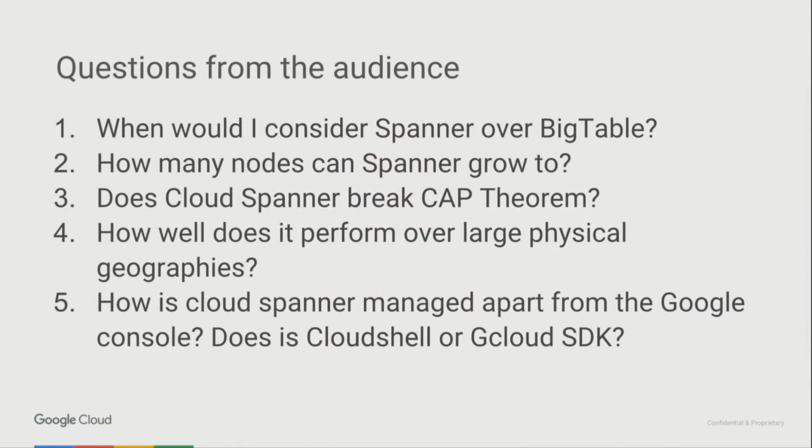Next question. How well does it perform over large physical geographies? Well is a very interesting term. You can do ACID consistent transactions across rows, across regions, across data centers, across continents with Spanner, right? And you can do them with low latency so that you can run mission critical applications on Spanner. Some of it has to do with the fact that, as I mentioned, the Google networking is fabulous.